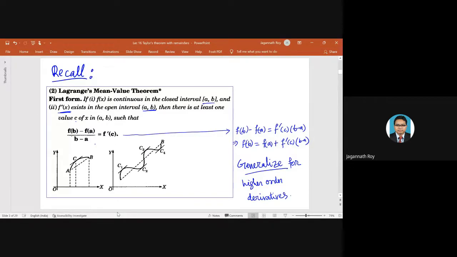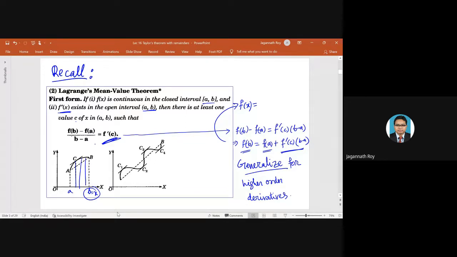Now, if we simplify this equation, we get f(b) equals f(a) plus f'(c) into (b minus a). Now, instead of b, suppose we write x, that is, x is a variable. Instead of the fixed point b, we change the variable.